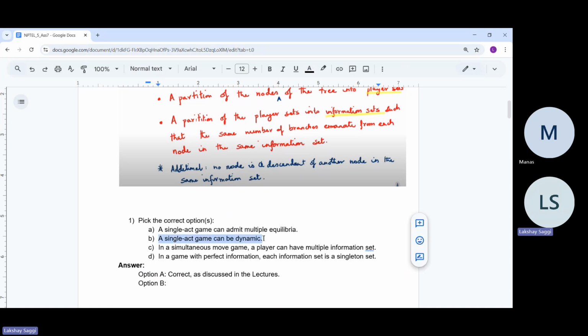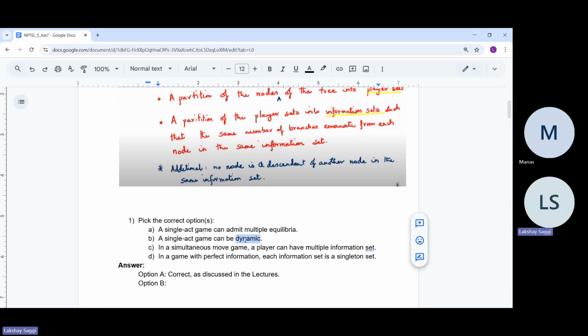The answer to this also follows from what I had already discussed. A single act game can indeed be dynamic, as we said that a single act game can be thought of as a combination of a dynamic game as well as a simultaneous game. So it can be possible that the whole game is just a dynamic game and not simultaneous. Dynamic games are usually games in which players are playing sequentially.